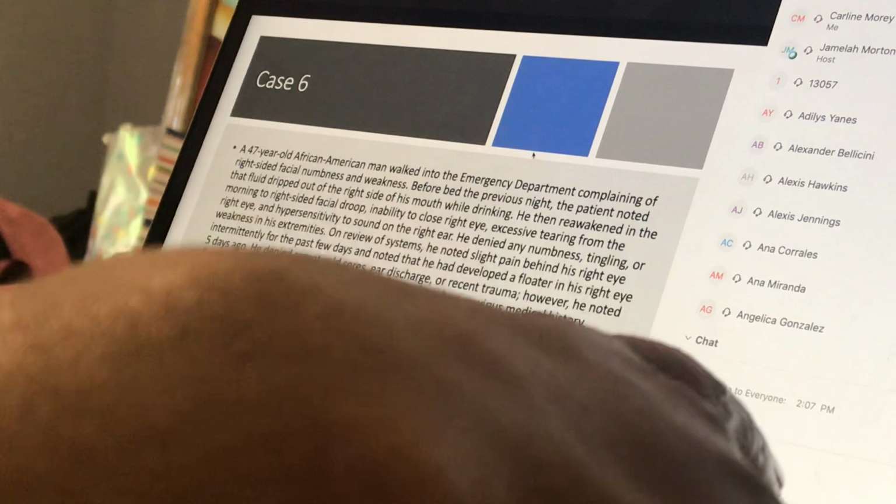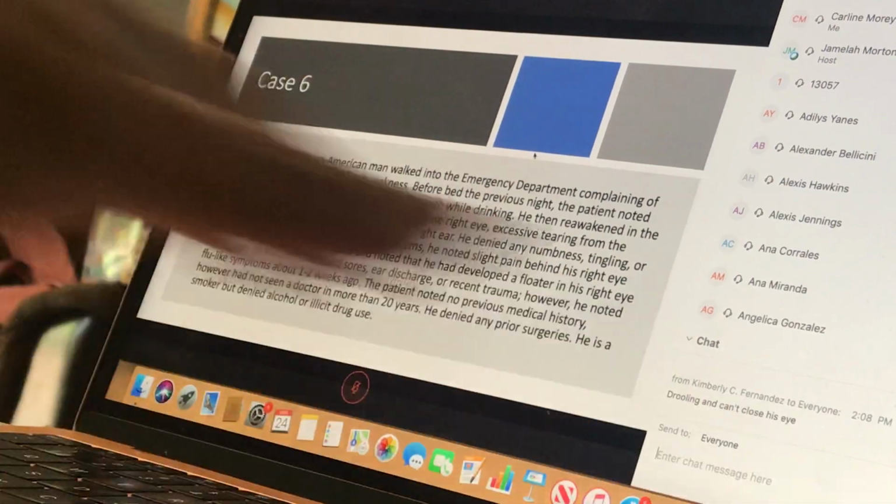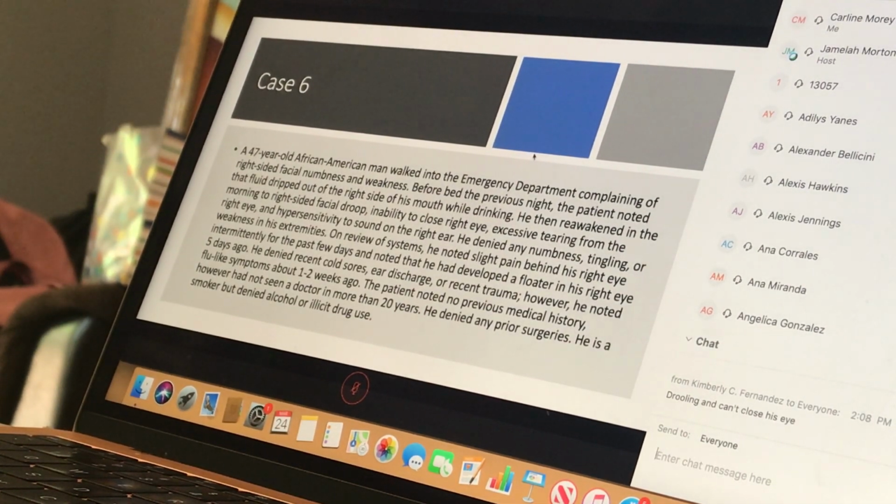Okay. Well, his entire right face is affected. That's where your focus should be. He does not have just a lower part of his face. Now, if it was just the lower part of his face where he had drooping, then that would probably be central, probably coming from the cerebral hemispheres.